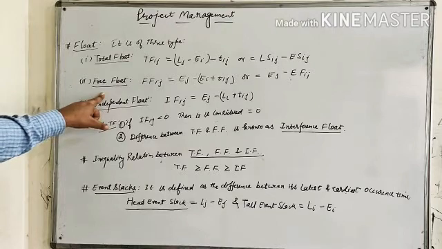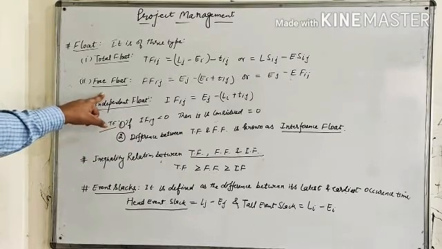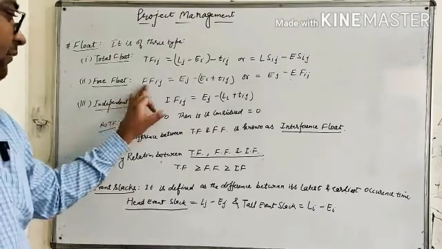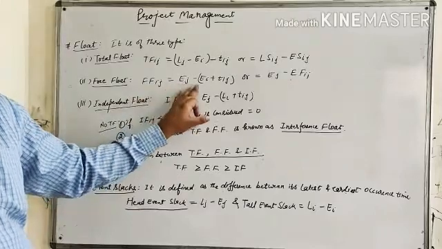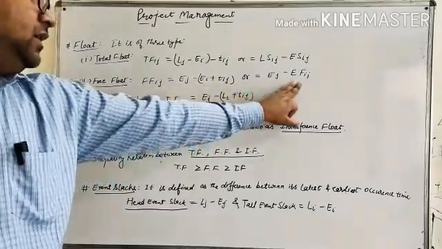The free float of an activity is equal to the difference between the earliest start time for the head event and the earliest completion time of the activity under consideration. That is, FFij equals Ej minus (Ei plus Tij), or Ej minus EFij.